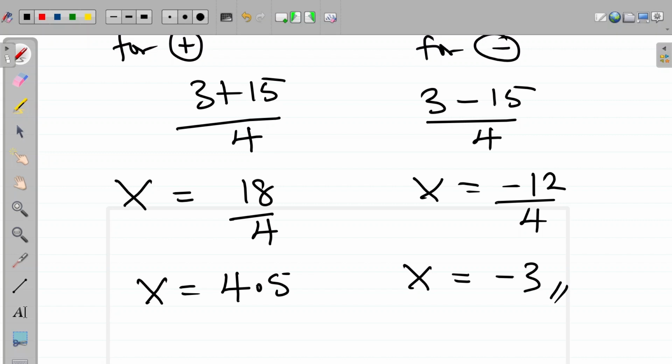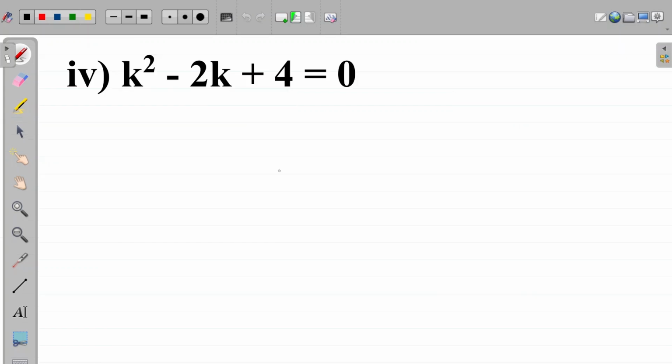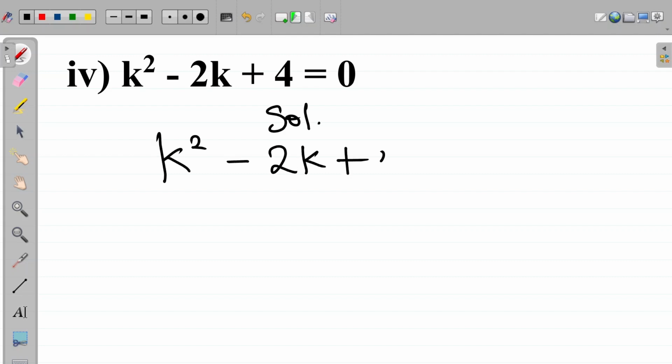Now let's solve the question that will take us to imaginary roots. We have that k squared minus 2k plus 4 is equal to 0.